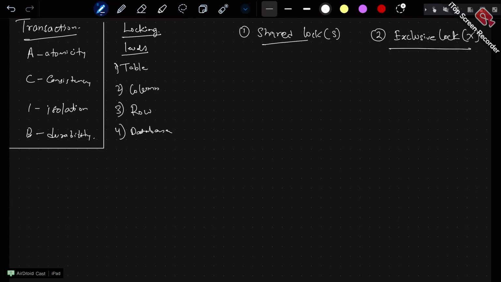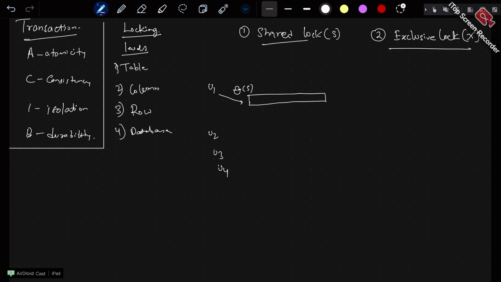A shared lock means that for a particular row in a table, for example, you are user one, your request has come and acquired a lock on this row, and the lock is of type S. That means you are locking in shared mode. Now my request came in, more user requests came in.